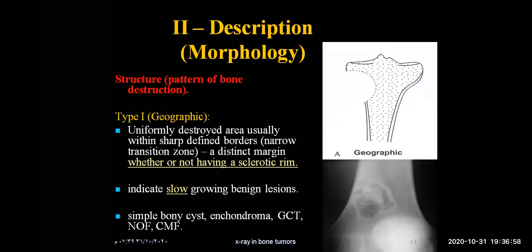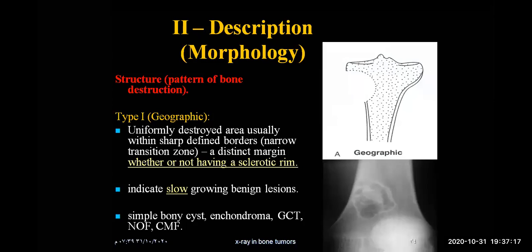There is an obvious margin with a sclerotic rim. This indicates a slow-growing tumor that gives time to the bone to react to it.